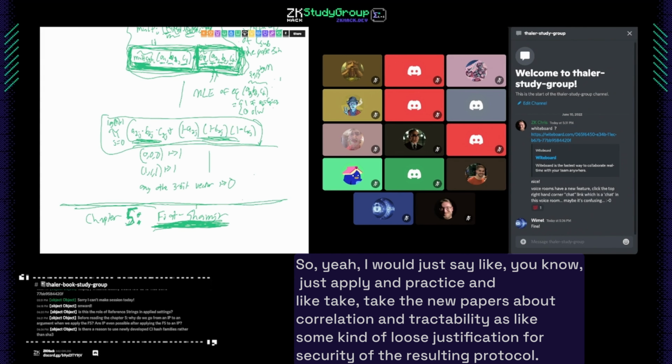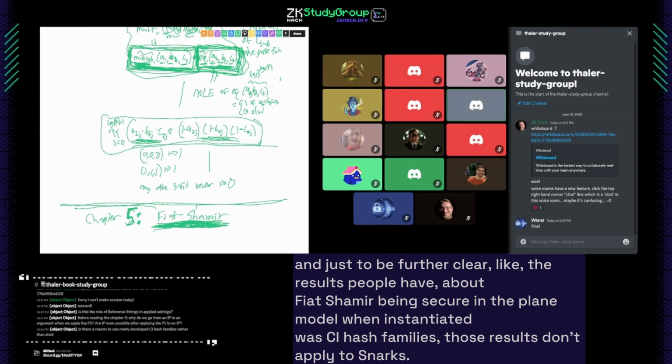So I would just say, apply Fiat-Shamir in practice and take the new papers about correlation intractability as some kind of loose justification for security of the resulting protocol. And just to be further clear, the results people have about Fiat-Shamir being secure in the plain model when instantiated with CI hash families don't apply to SNARKs.